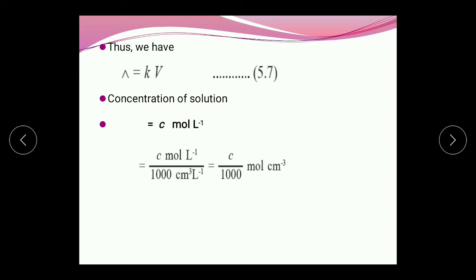That is, C by 1000 moles per cm cubed. Understood? Because we want to convert this per liter into cubic centimeter, because we have K, which is the electrical conductance of 1 cubic centimeter. So we want to find out the relation between K and lambda. That's why we have converted the concentration to C upon 1000 moles per cubic centimeter.